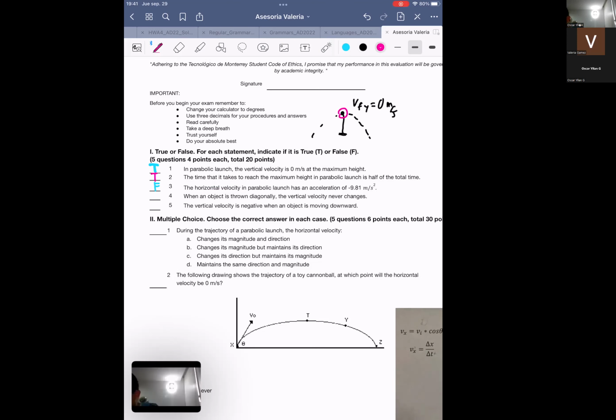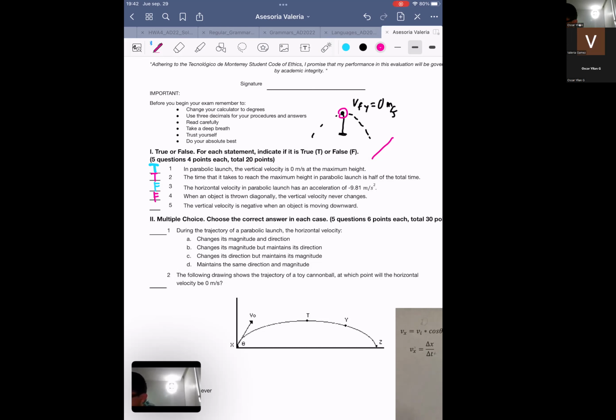When an object is thrown diagonally, remember that diagonally means the diagonal, the vertical velocity never changes. What do you think? False, perfect.